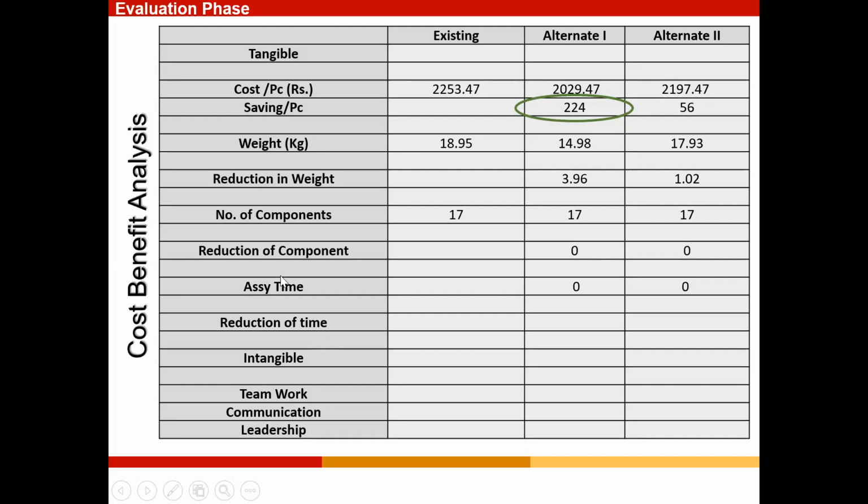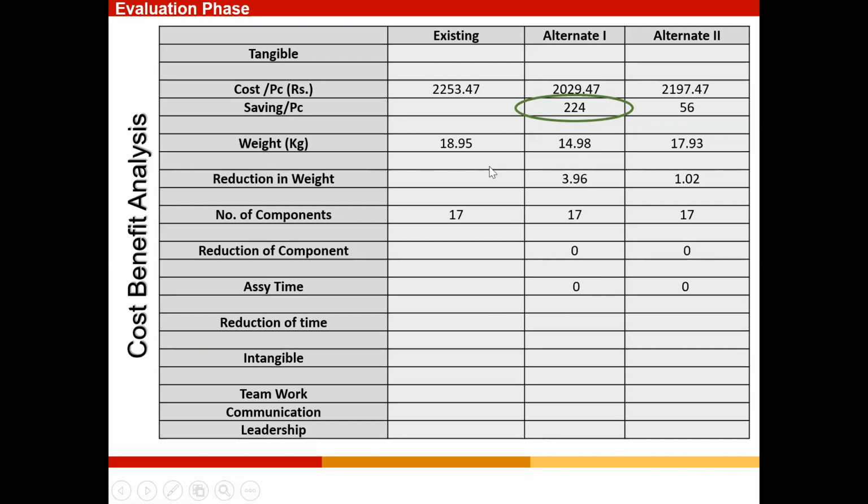And they also consider the other aspects with respect to the assembly lead time, and also how many components there will be. There is no change in the number of components, and there is also some reduction in weight. We are going with alternate proposals 1 and 2. There is going to be some weight change, and based on that, the cost is also going to get reduced.